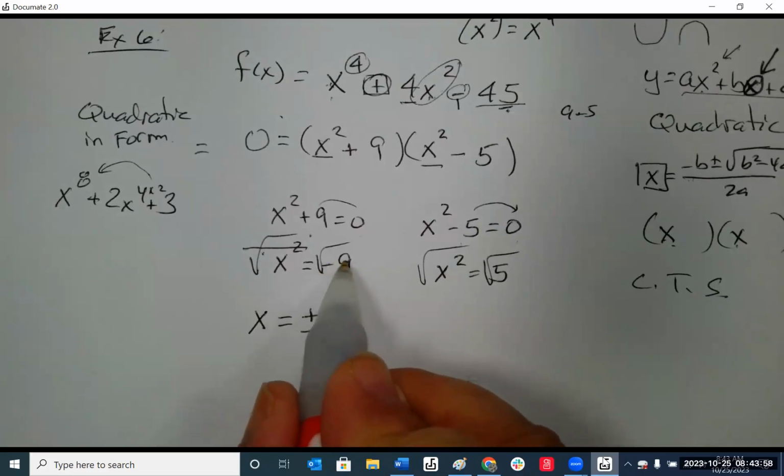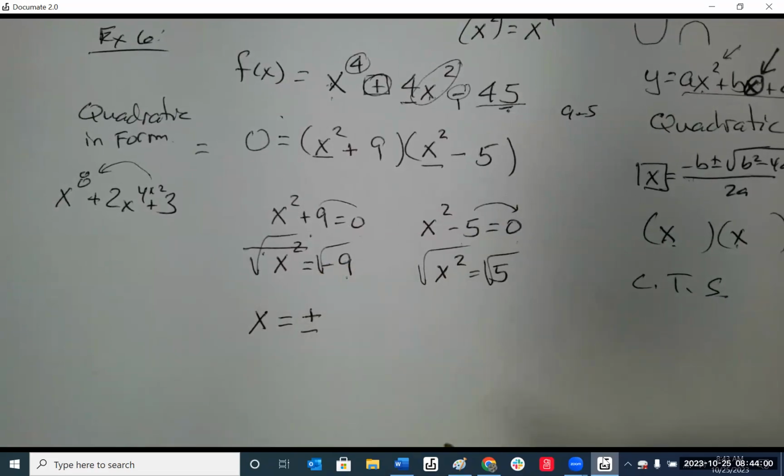So what's the square root of -9? We did this in chapter 2. What's the square root of -1 times the square root of 9? That's what this is. What's the square root of -1? An i.